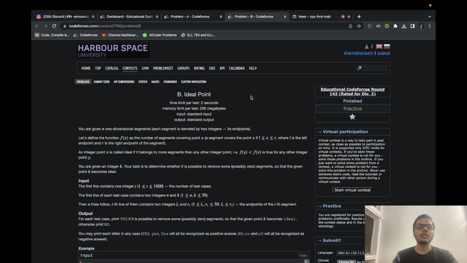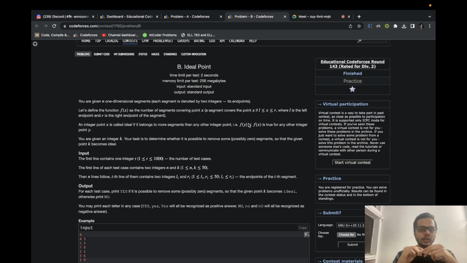Okay, cool. So problem B says that we are given n ranges. A range is nothing but a pair of integers L comma R. We are given an integer k and we need to tell whether or not it will be possible to remove some segments so that the number k becomes ideal.